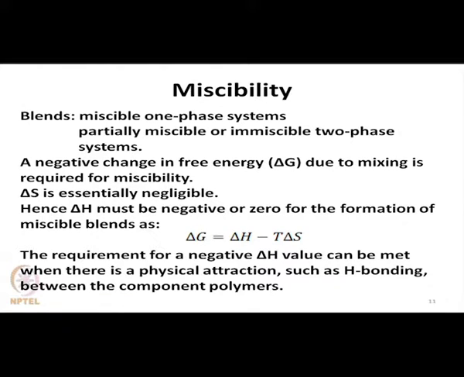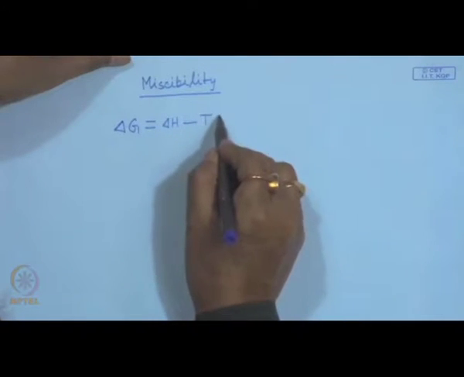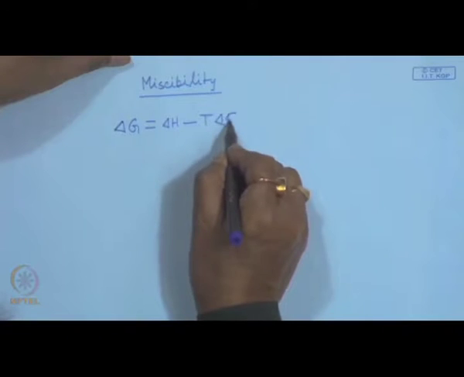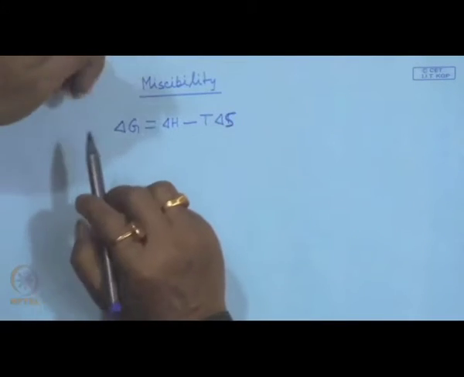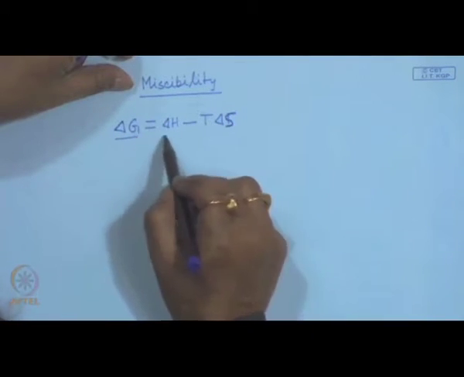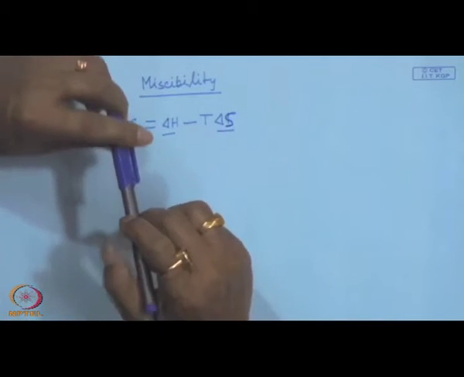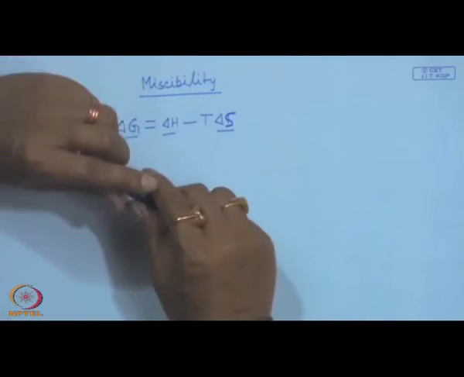In that case, we must consider the famous equation delta G is equal to delta H minus T delta S, where delta G is the free energy of mixing, delta H is the enthalpy change or heat of mixing, delta S is the entropy of mixing, and T is the absolute temperature.